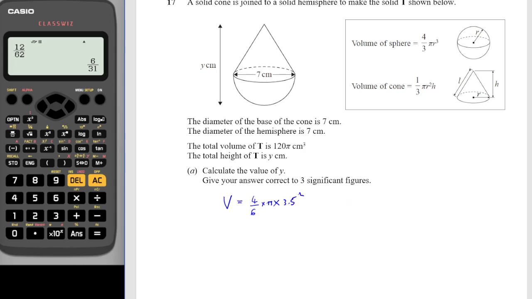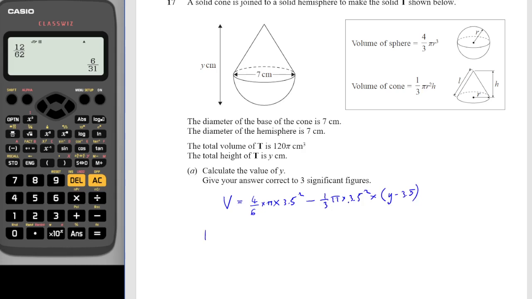From that, I need to subtract the volume of the cone. So we've got a full cone, so that's 1/3 of pi times r squared. So r is still 3.5, times the height. The height of it now is y minus 3.5. Okay, and we know that that's equal to 120 pi.